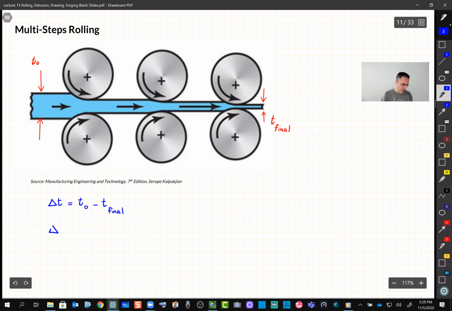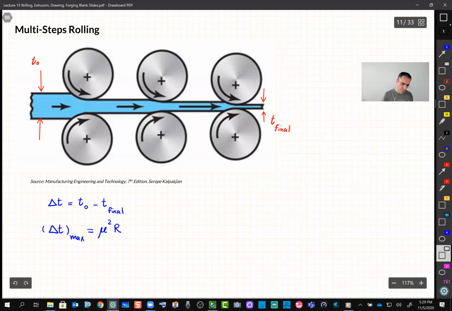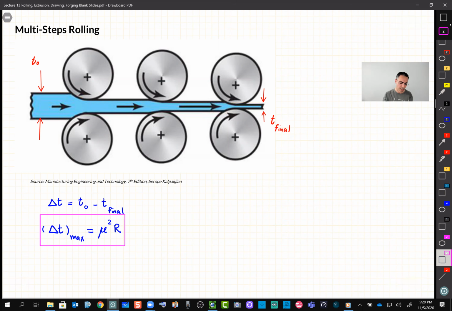And the delta T max, the maximum that we can squeeze and reduce the thickness, has this form: mu squared multiplied by R. Again, this is an empirical formula. In your textbook, it briefly explains and partially proves it, but in most engineering books, we just use this formula. That's the maximum we can reduce the thickness.